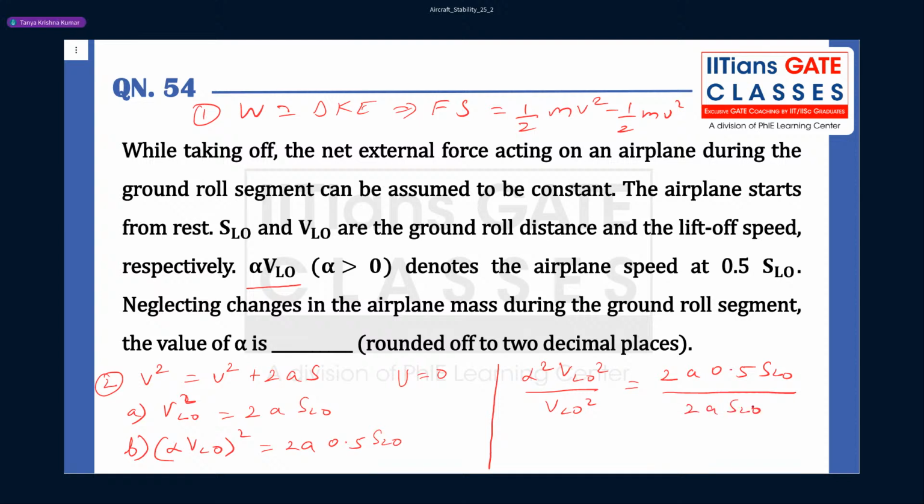Now all of the common terms you can cut out and you get alpha squared equals 0.5, right? Where alpha is equal to 0.707, and they've asked you to round it off to 2 decimal places. So it is 0.71.